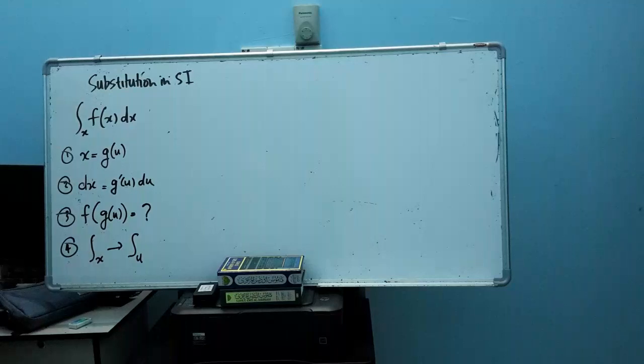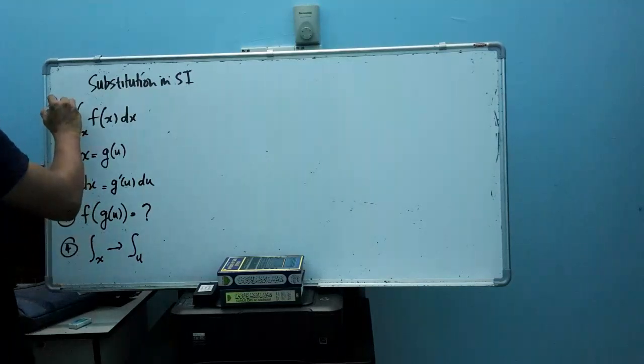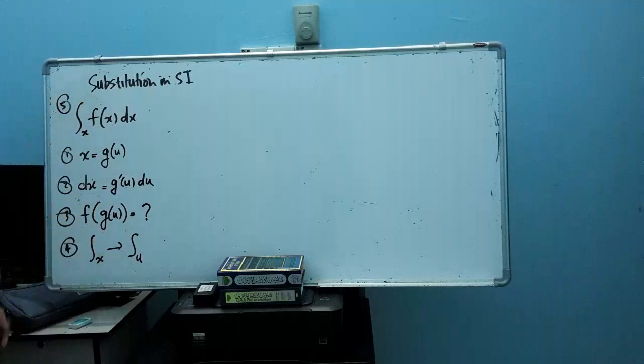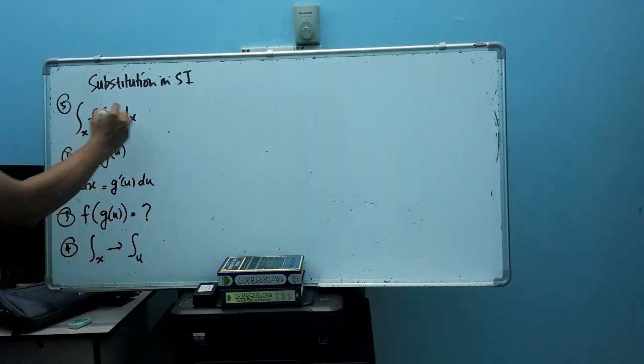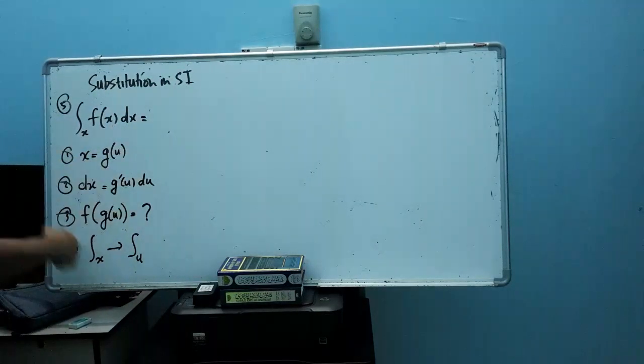And then the number 5. After you find the whole thing, you just need to evaluate this integral, substituting the whole thing here.